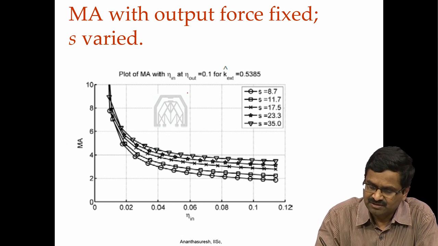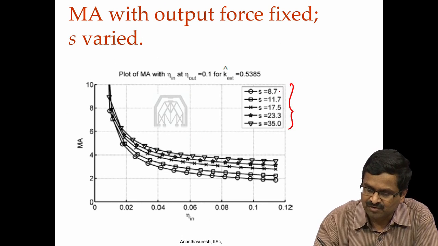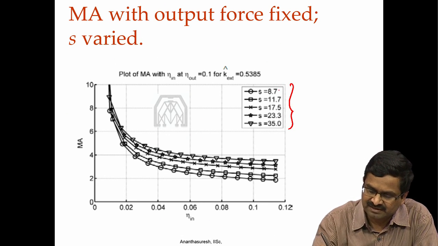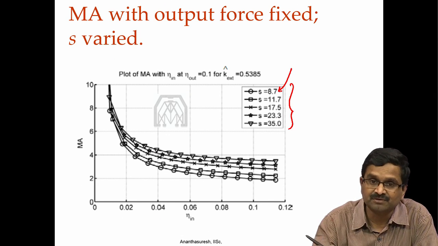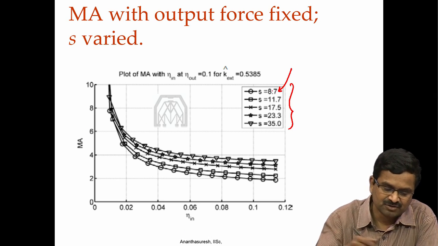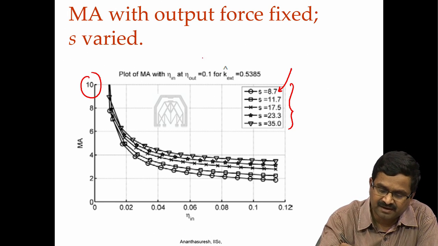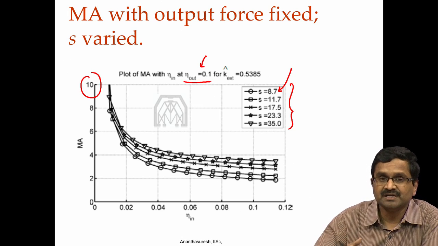Here is one that is drawn for different slenderness ratios. So, again it goes from 8.7 to 35. In fact, anything less than 10 one should question it, but 8.7 is close enough to 10. So, how mechanical advantage changes, goes up to 10 here, and again output force is specified here. If you change that, the curves will change.